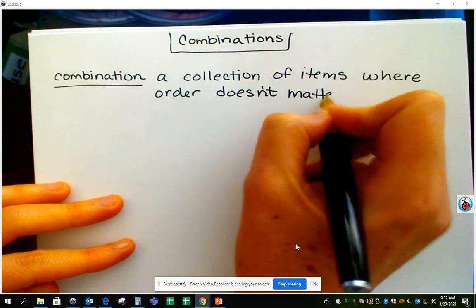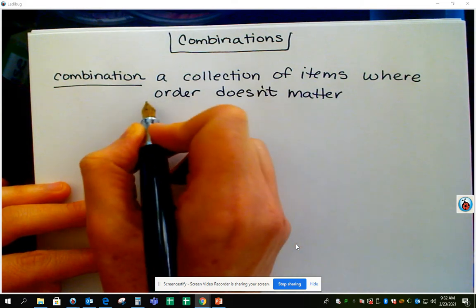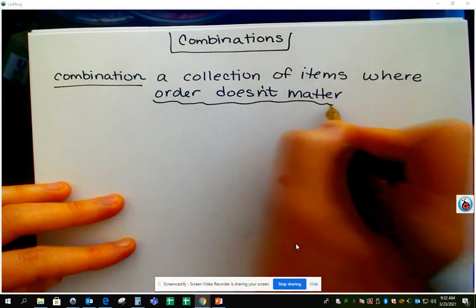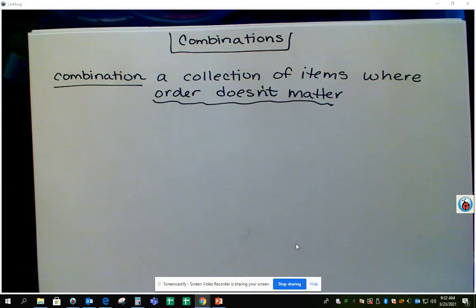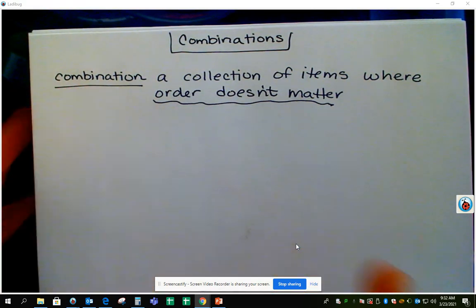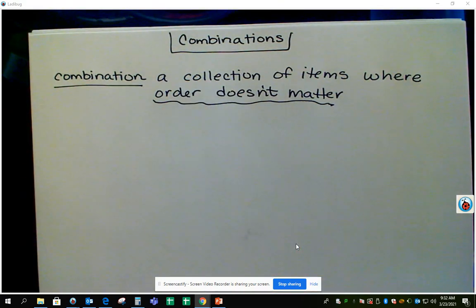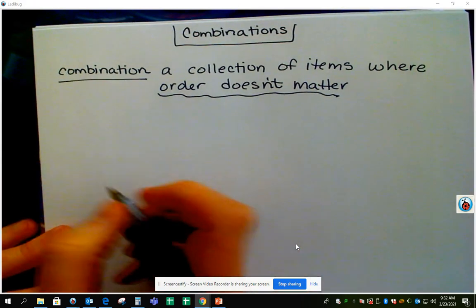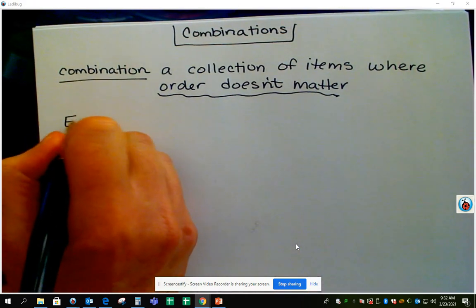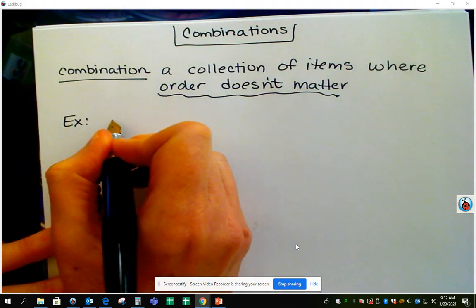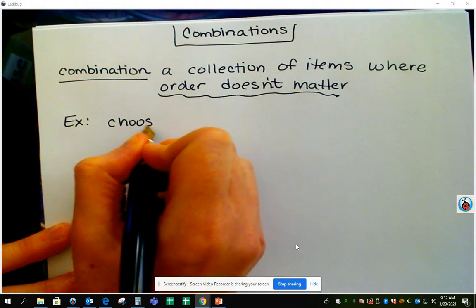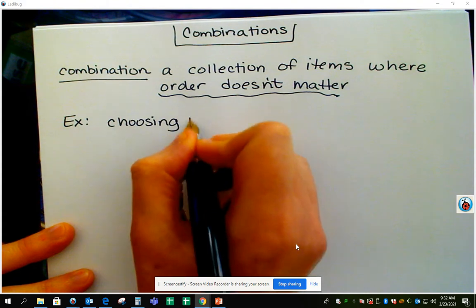Now, tomorrow's lesson, we're going to be doing permutations where the order does matter. So it's just important to understand the difference. So for our purposes today, when we are making different combinations of things, the order does not matter. So some examples of combinations are choosing members for a club or game.